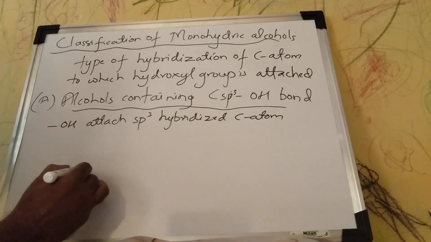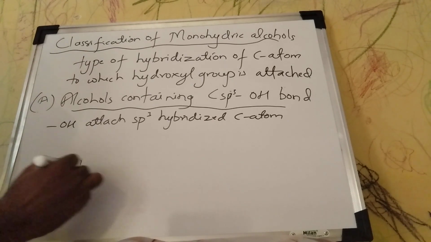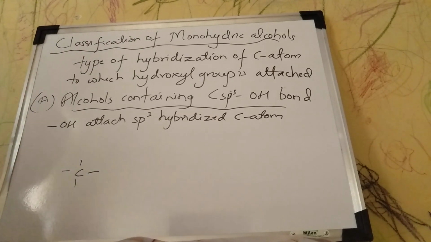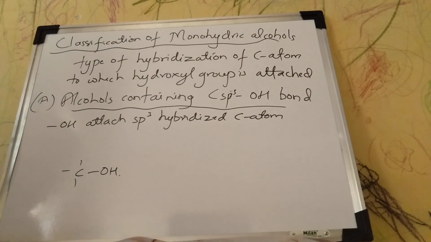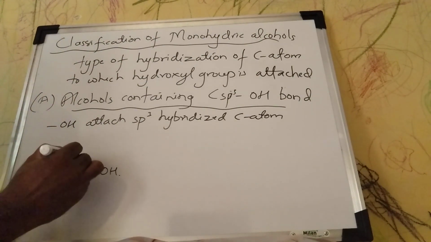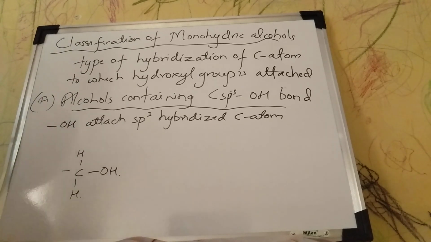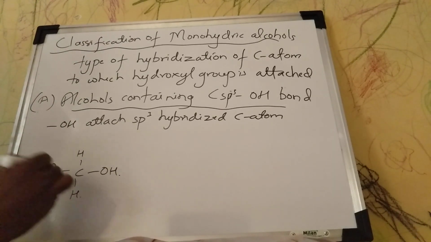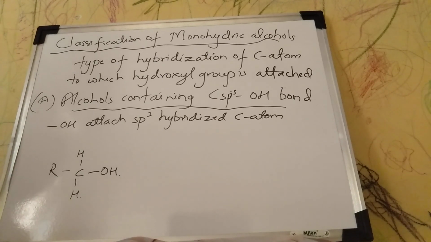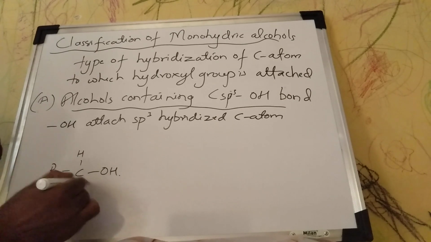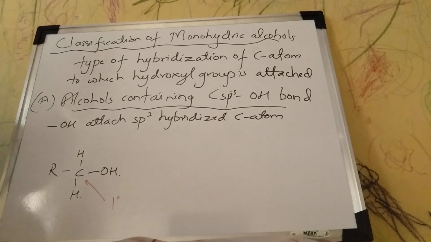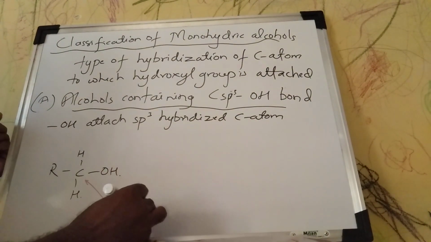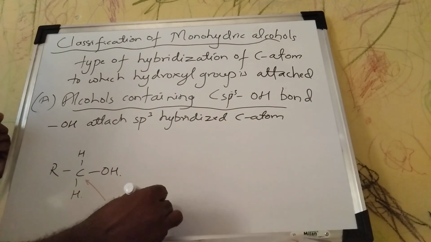For example, this carbon, the valencies, here's the OH, right? Here you have the 2 hydrogen atoms attached and 1 alkyl group. So this carbon atom is termed as primary carbon atom, which is in the form of CH2OH.